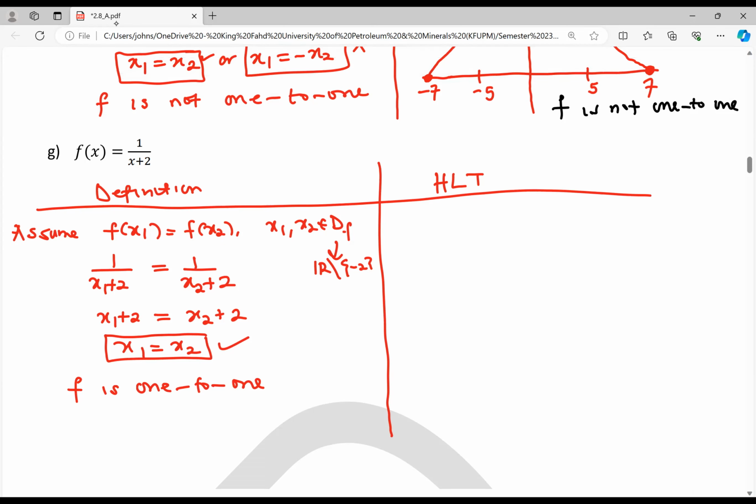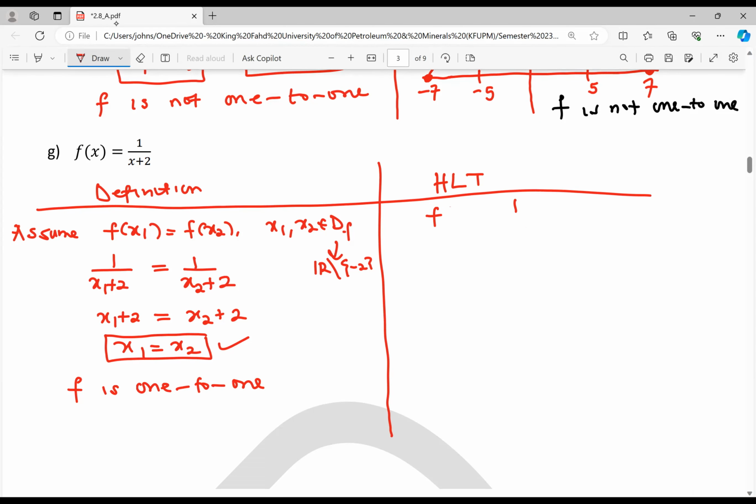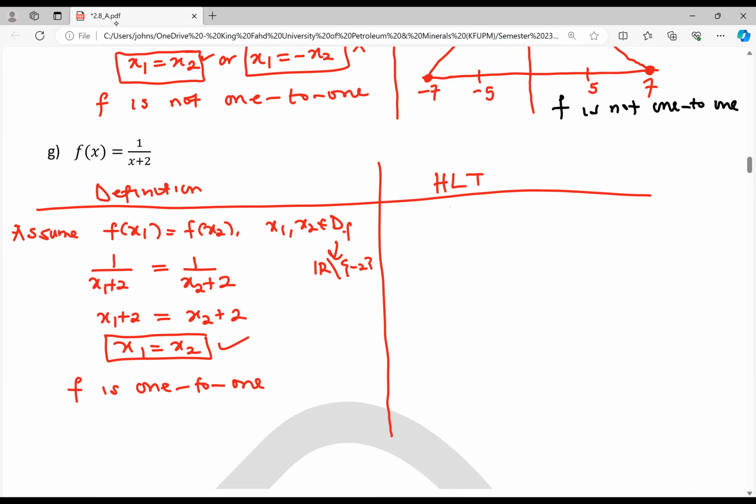Graphically, we can start with the function 1 over x. You can start with this one, let's say g of x, the reciprocal graph.